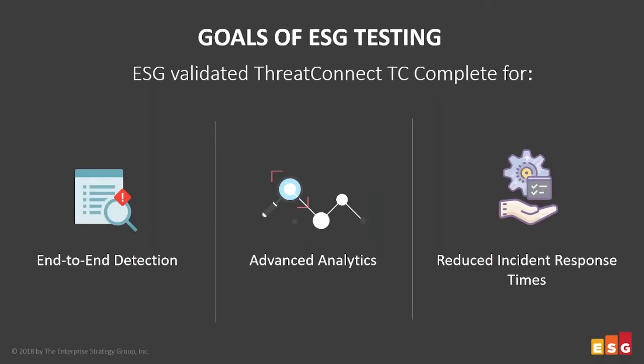So for this project, ESG evaluated the ThreatConnect Threat Intelligence Analytics and Orchestration Platform, TC Complete, and our goal was to validate how the ThreatConnect platform enables organizations to identify, manage, and block threats, as Kelly mentioned, with end-to-end detection capabilities and advanced analytics. We also looked at the ability of the platform to enable users to adapt and create automation for their existing processes to speed up incident response.